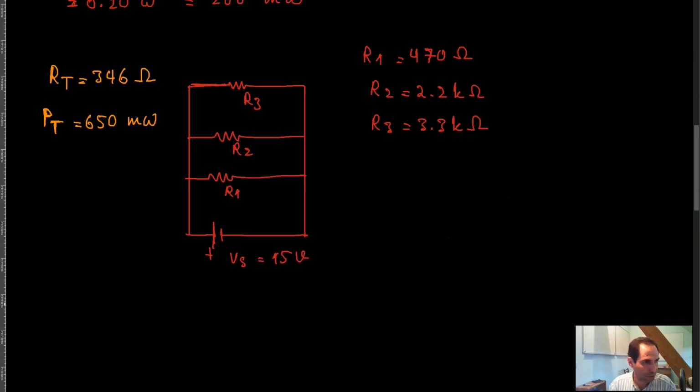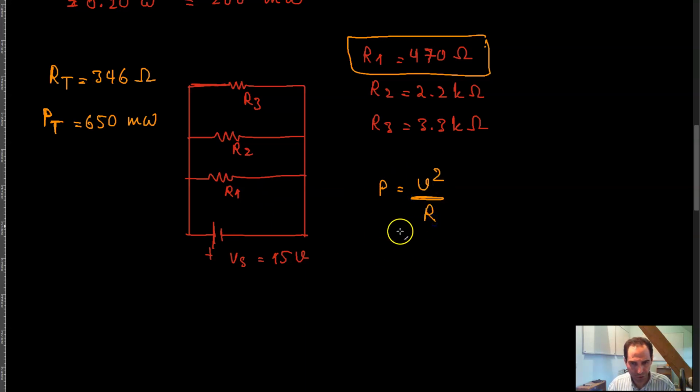To calculate the power dissipated by R1, which is this resistor here, you can use P is equal to V squared over R, and write P of R1 is equal to 15 squared divided by 470.